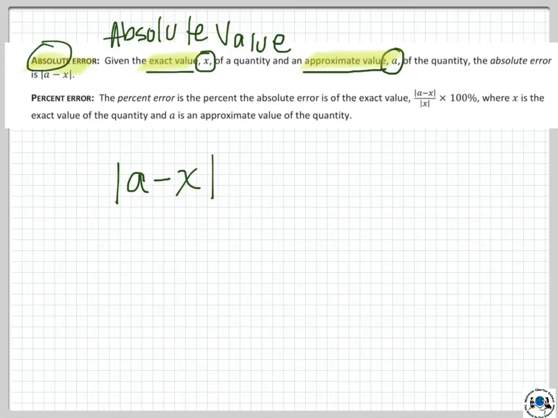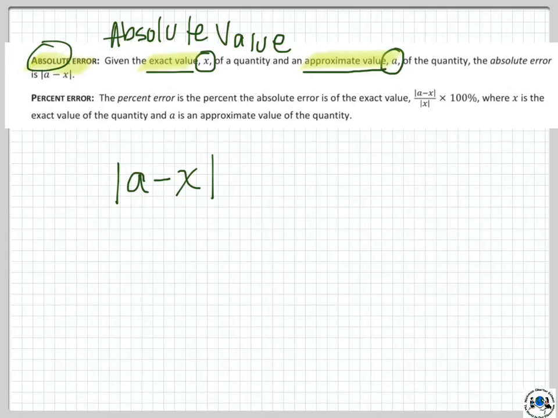But let's say a heart surgeon makes a centimeter error on where he snips some valve or some artery, that makes a big difference.